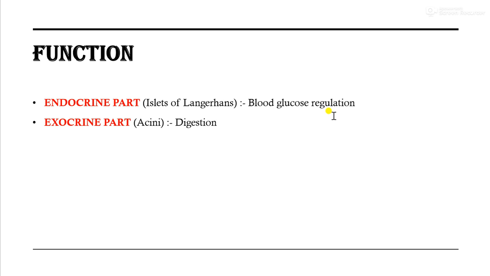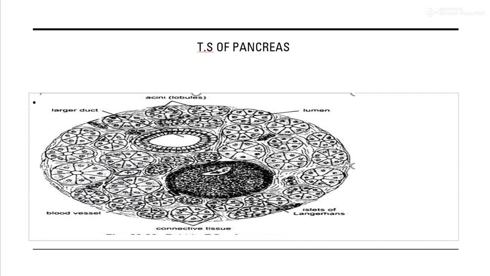What happens here? The cells within the pancreas help maintain the blood glucose level, that is called homeostasis. And these cells are located within the pancreatic islets of Langerhans, which are present throughout the pancreas.